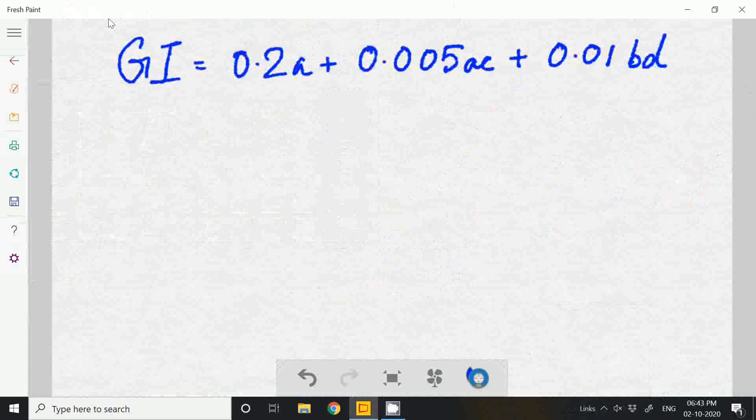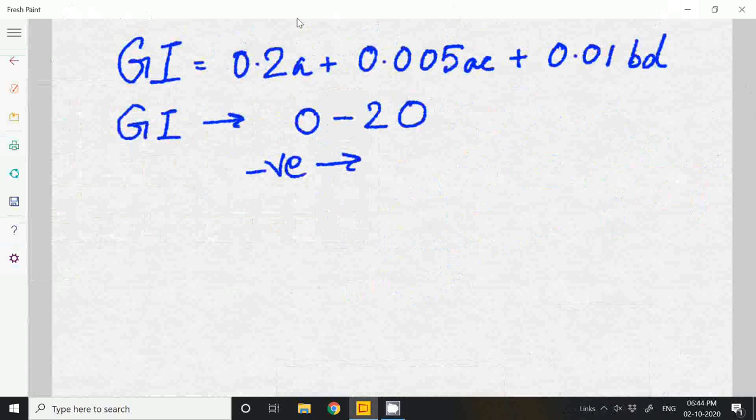Now the GI value ranges from 0 to 20, and sometimes if it comes negative, then we take it as 0. Okay, the lesser the better.